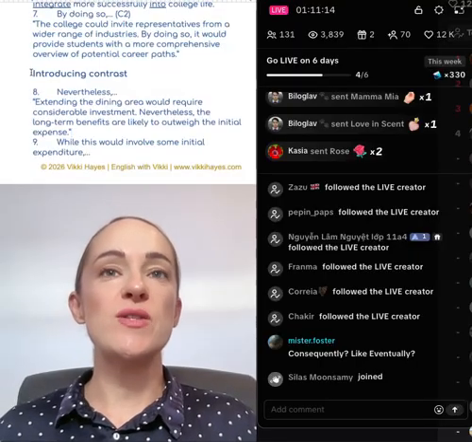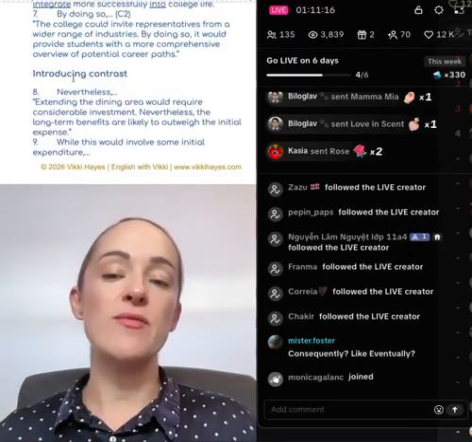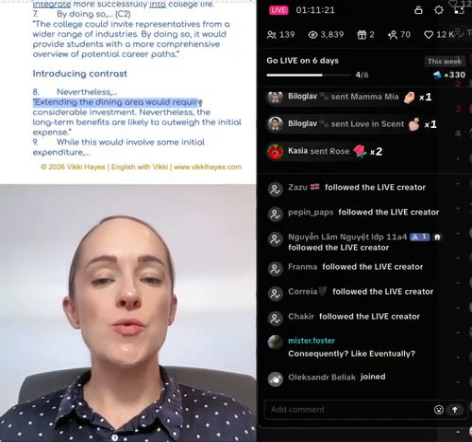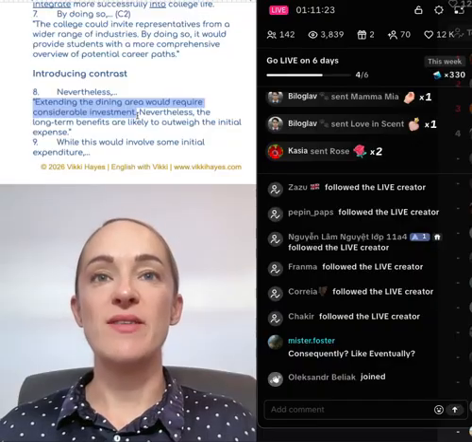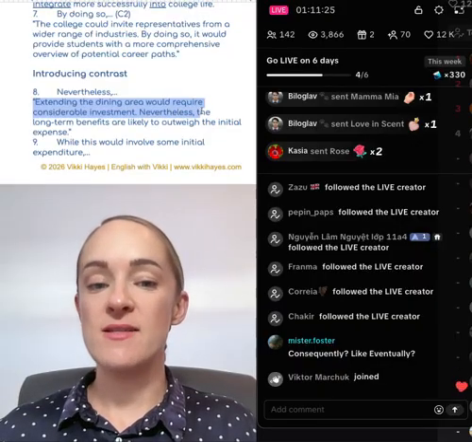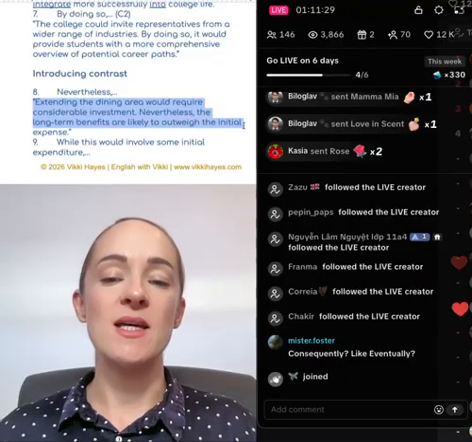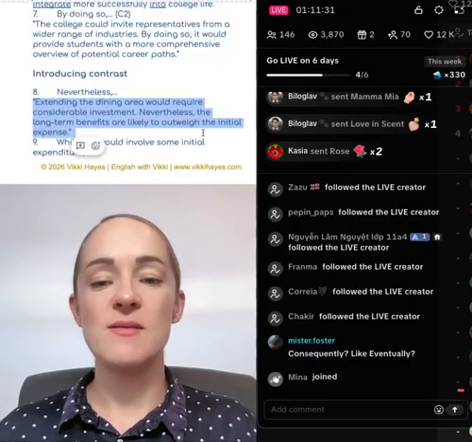Now, for introducing contrast, right? Nevertheless, extending the dining area would require considerable investment. Nevertheless, the long-term benefits are likely to outweigh the initial expense.